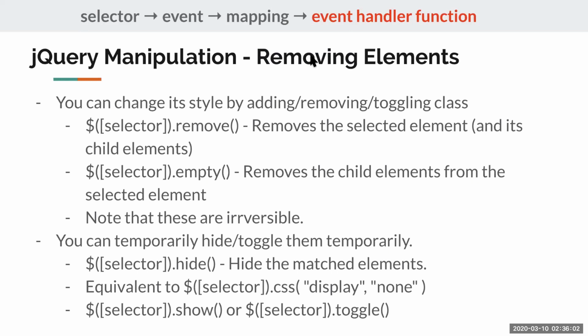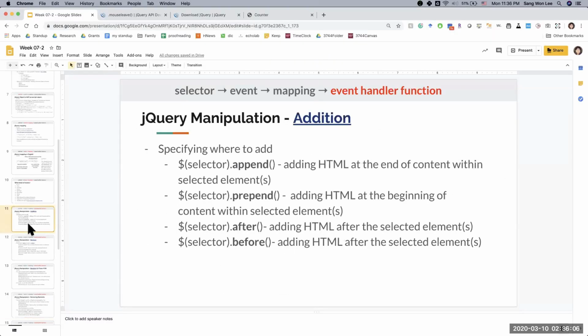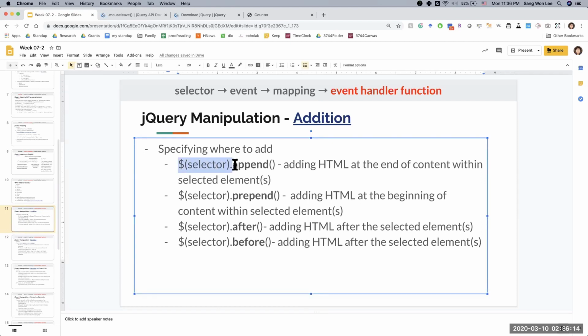Okay, so let's start with addition. In addition, this is a typical syntax where every jQuery statement starts with a selector, and then you can append, which means that you're going to add HTML at the end of the content within a selected element. So you're going to add a child of an element.